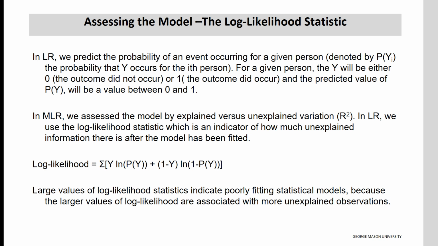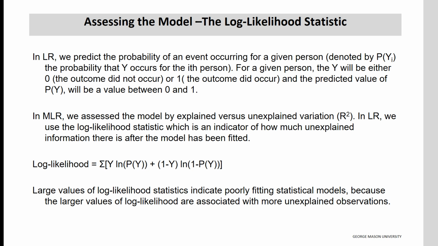In logistic regression, we predict the probability of an event occurring for a given person. For a given person, the y, the dependent variable, will be either 0, the outcome did not occur, or 1, the outcome did occur, and the predicted value of probability of y will be a value between 0 and 1. In multiple linear regression, we assess the model by explained versus unexplained variation, measured by the R-squared.